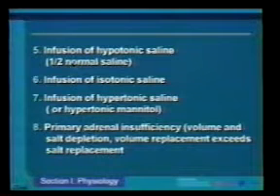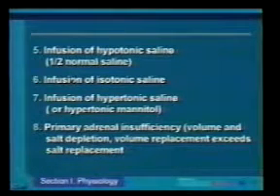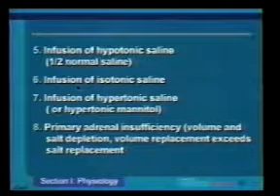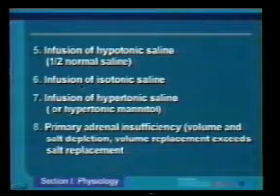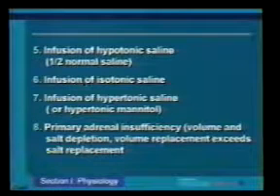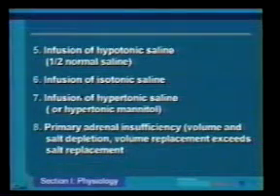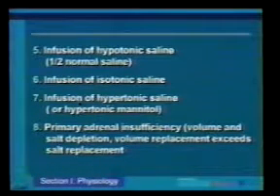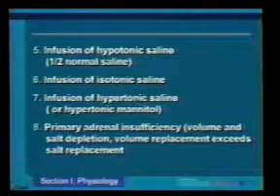That half-normal is just hypotonic. You should also understand very well the consequences of infusing isotonic saline, because that is extremely common in the clinical situation. And finally, right here then, you should understand the consequences of infusing hypertonic saline.